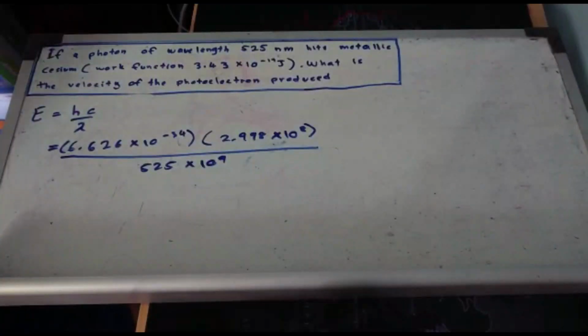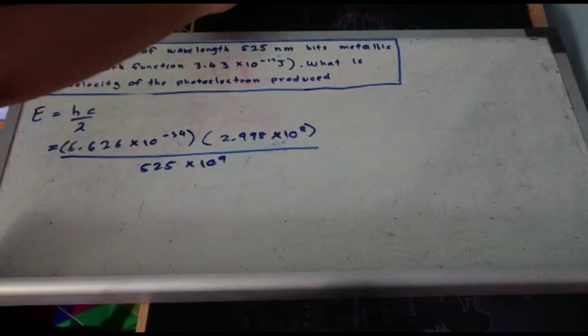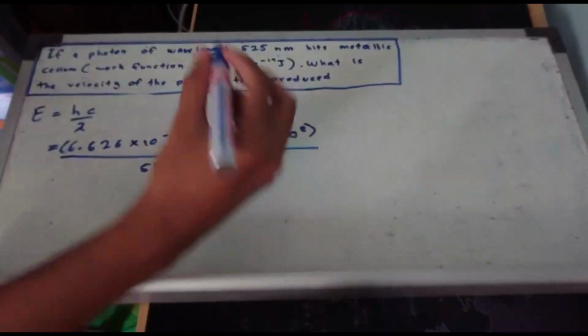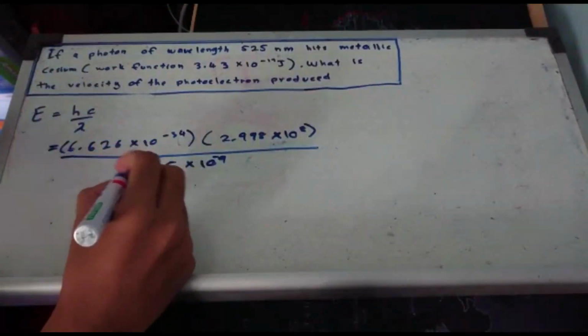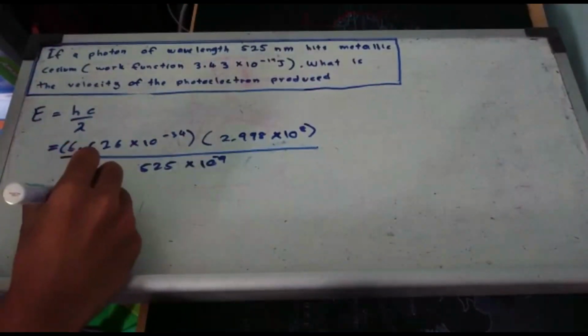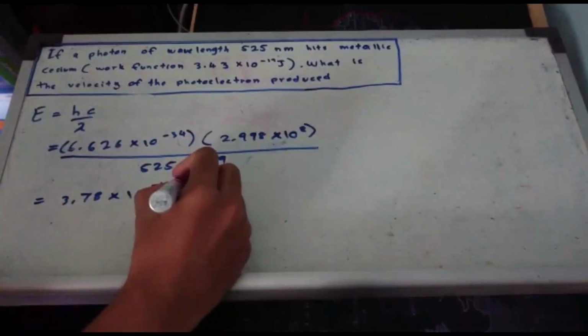So we plug all the values into the calculator: 6.626 exponent -34 times 2.998 exponent 8 divided by 525 exponent -9. The answer is 3.78 times 10 power of -19 joule.